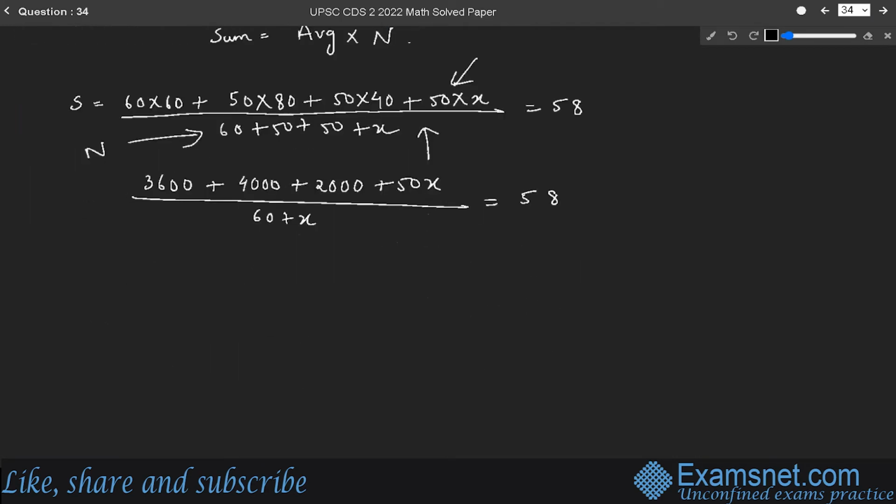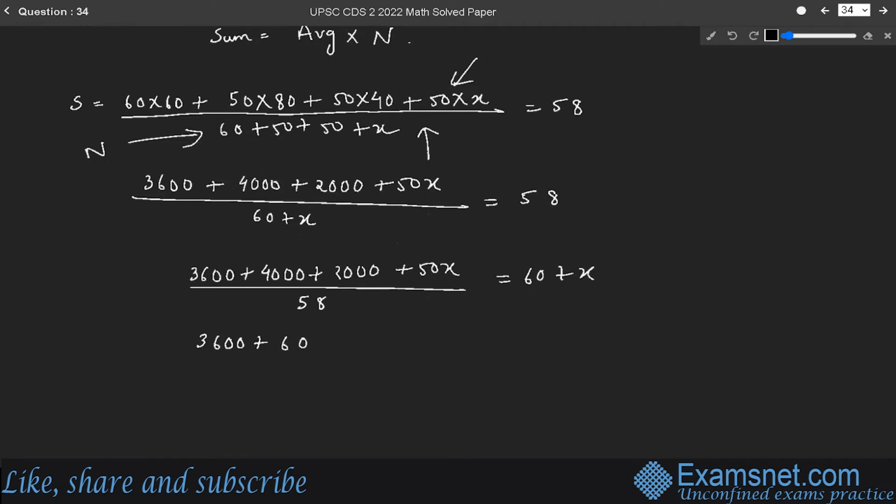On further solving, it will be 3600 plus 4000 plus 2000 plus 50x upon 58 is equal to 60 plus x. We have just changed the terms here. So it will be 3600 plus 6000 plus 50x, and taking this 60 on this side, it will be minus 60 upon 58 is equal to x.